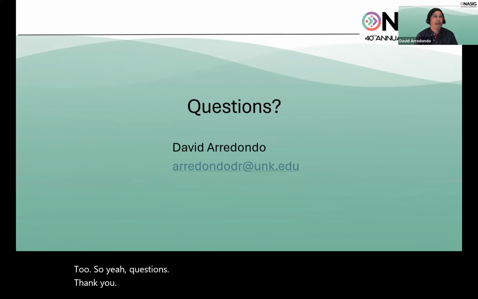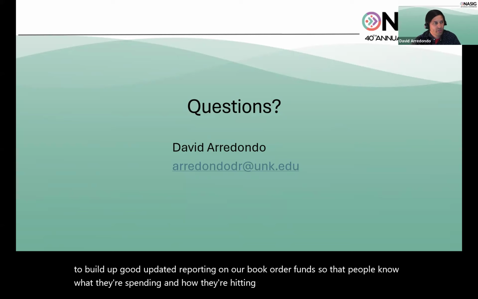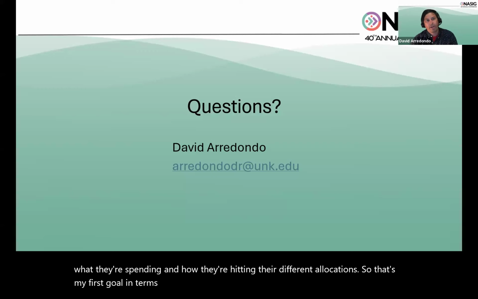Right now I'm making reports for people. I'm focusing on building good, updated reporting on our book order funds, so that people know what they're spending and how they're hitting their different allocations. That's my first goal in terms of people outside of my department, so those are going to the liaison librarians.